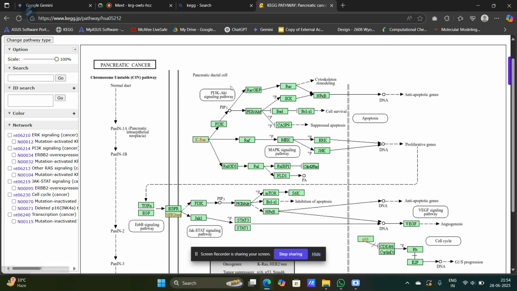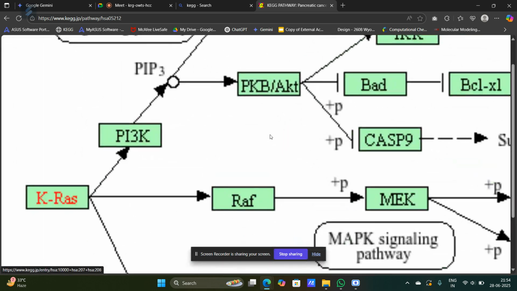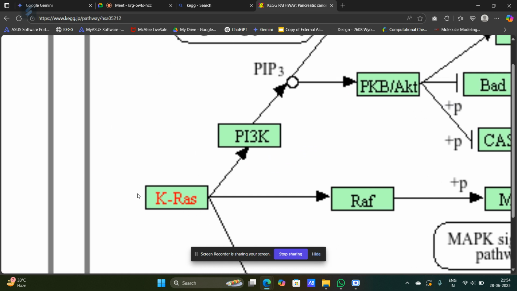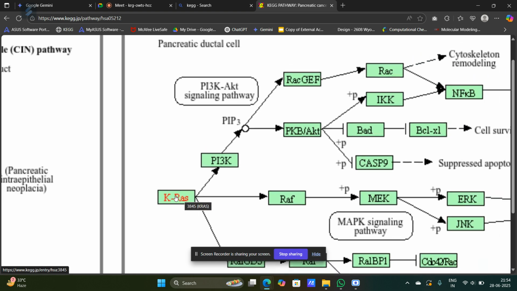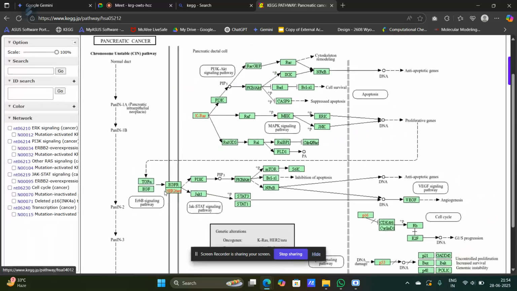And within those green rectangular boxes, if I zoom in, the font is black. And then there is one rectangular cell here where the font is in red. So what does this change in the color mean? That is a homework for you guys.